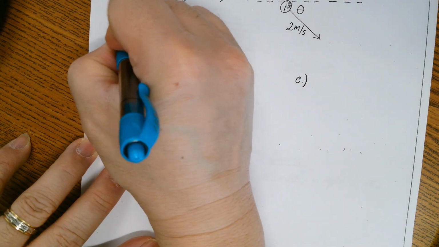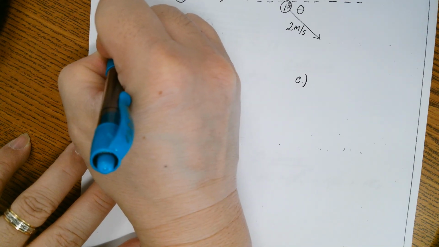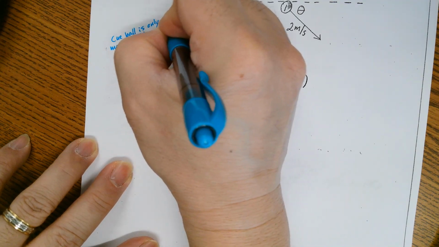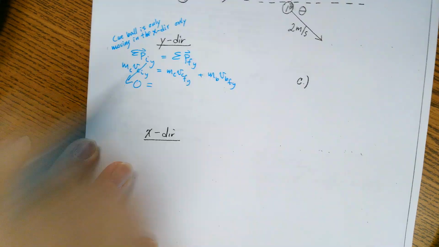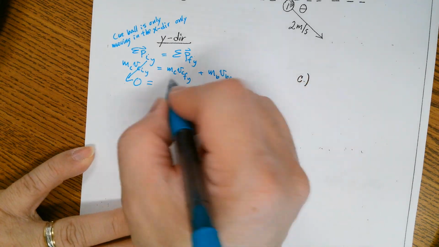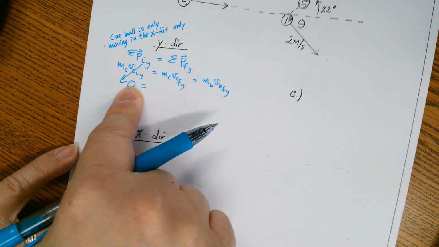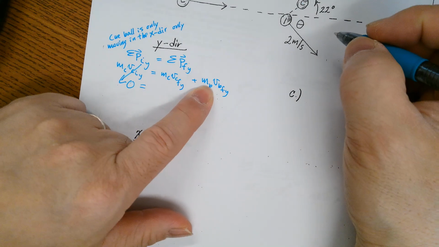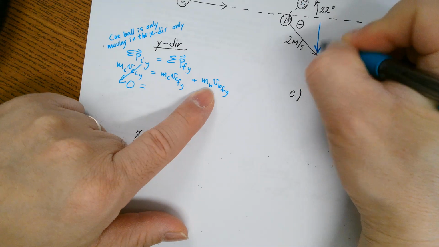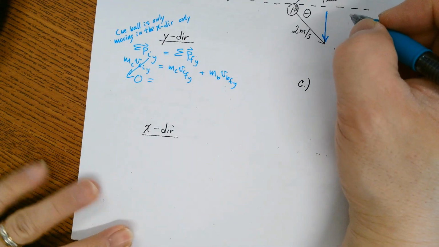So the cue ball is only moving in the x direction only. Therefore, we only have these two added together has to be 0. So we know that this billiard ball has negative velocity in the y direction, right?